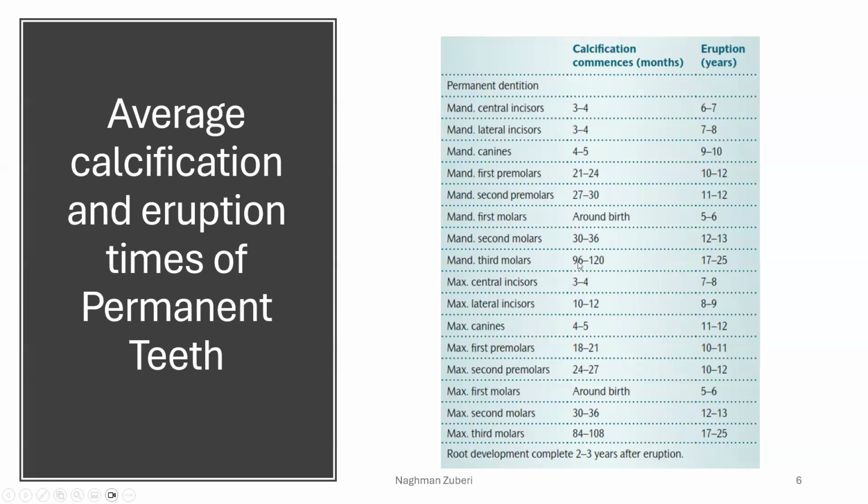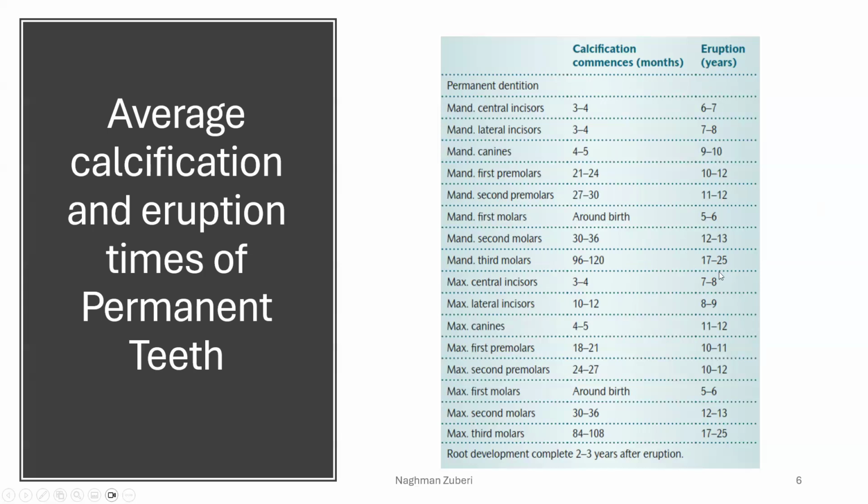Then mandibular third molars 96 to 120 months for the calcification commencement and 17 to 25 years for the eruption. And as I told you, in some cases they are absent, missing, or they don't erupt at all, they are impacted.